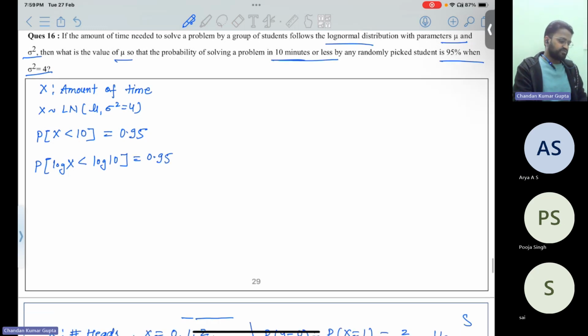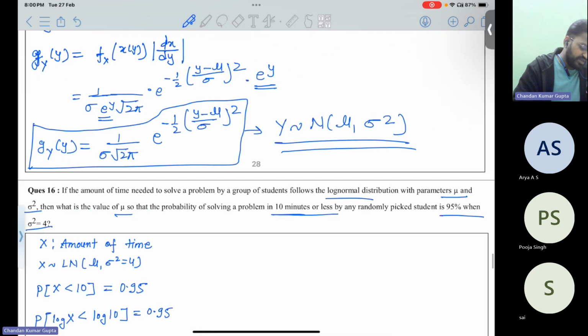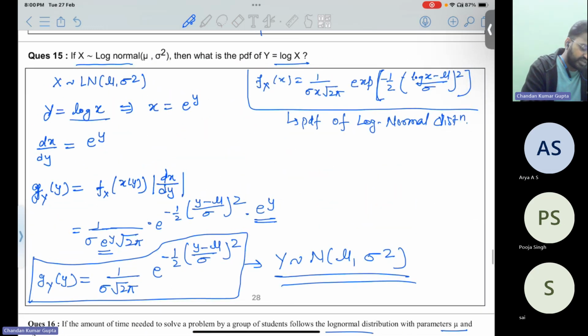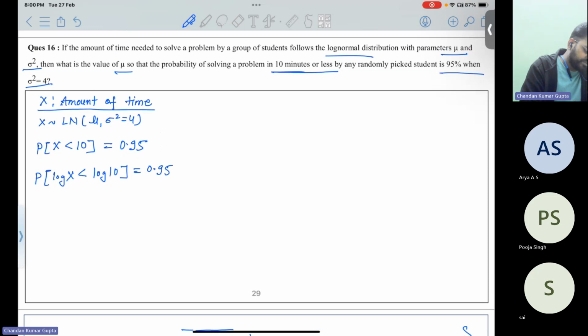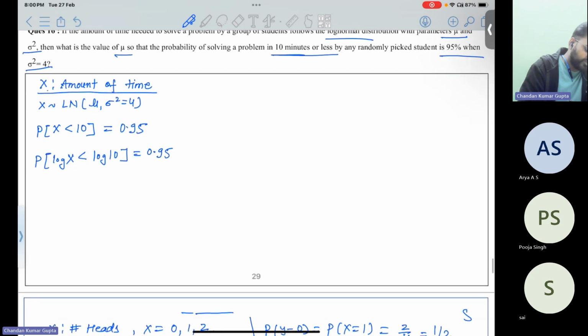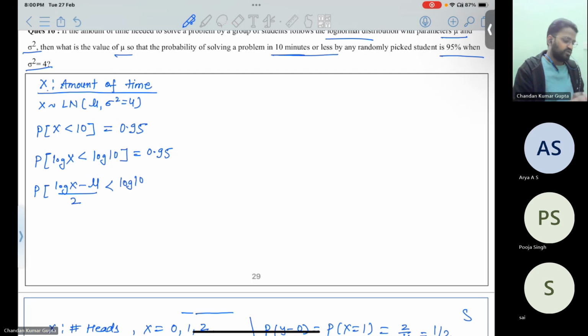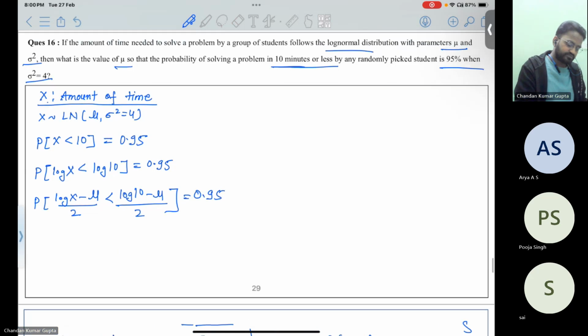Clear? So we know from here also that if y equals log X, it follows a normal distribution if X follows log normal. Similar way, here X follows log normal, so log of X follows normal. That means the probability that log of X minus mu upon sigma, equal to 2, is less than log of 10 minus mu upon sigma, equal to 2, is given as 0.95.